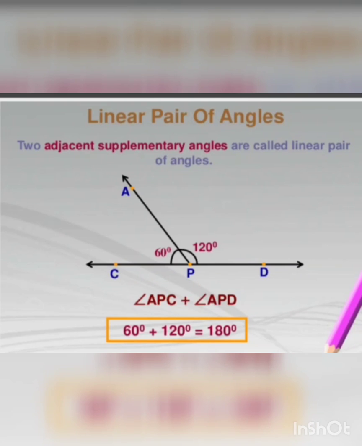They are supplementary angles. Why? Because 60 degrees plus 120 is 180. So then we can call them a linear pair of angles. So you can say that all linear pair of angles are adjacent angles, but all adjacent angles may be linear pair or may not be linear pair.